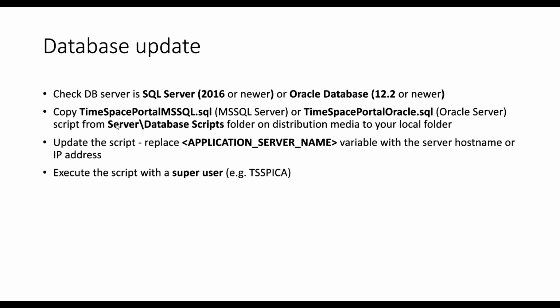So once again, you will go to the Time&Space distribution media under server database scripts, look for the appropriate script and then check the description on the top or at the start, make adjustments or updates of the script, and then execute this script with the super user on the Time&Space database.